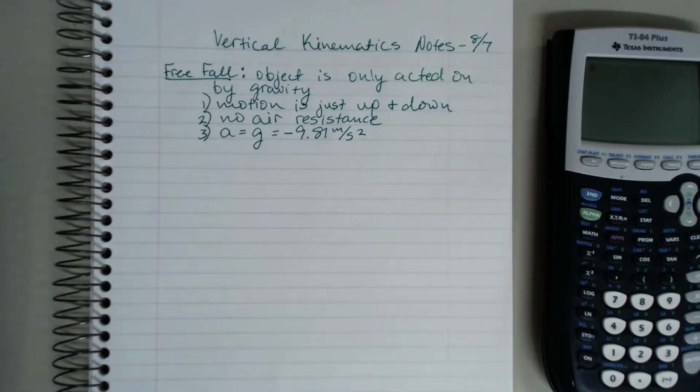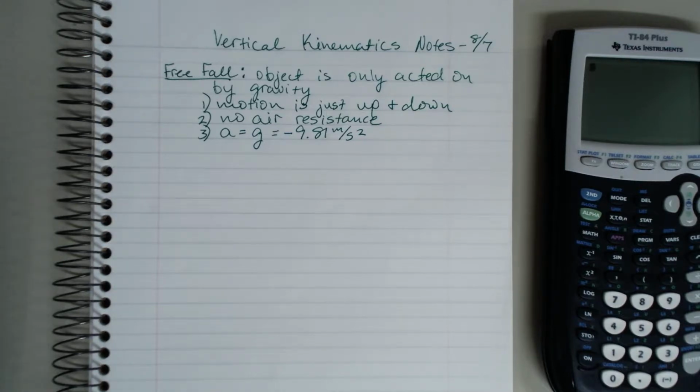The reason that it's negative is because the force of gravity is always pulling down. So it is a vector quantity, just like acceleration was before. But just so you remember, if something is going down, it has a negative sign convention. If something is traveling up, it has a positive sign convention. So acceleration due to gravity is always going down, so it will always have a negative.